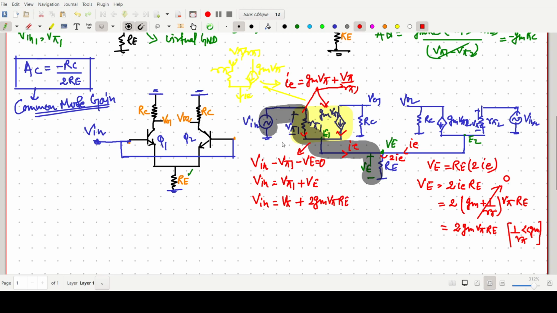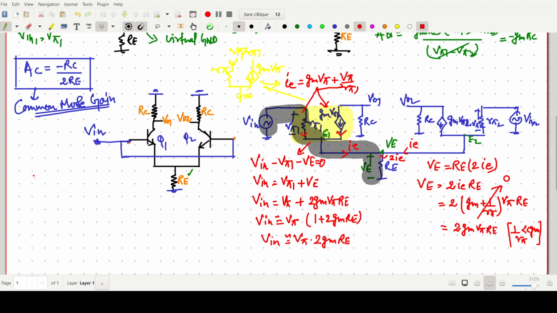After that I will not prove any other. But this one is also important. So then it should be V pi 1 plus twice GM RE, or we can write this as nearly equals V pi into twice GM RE. Okay, V in is okay.